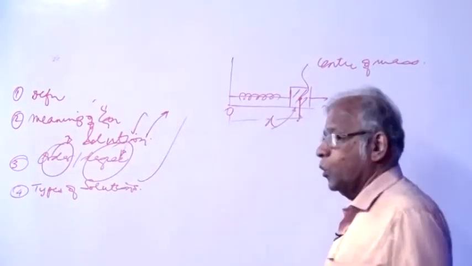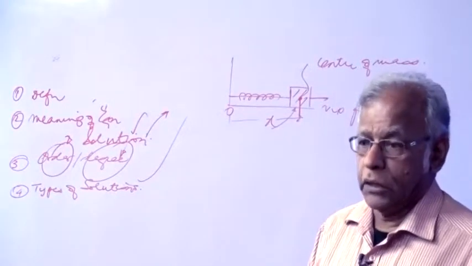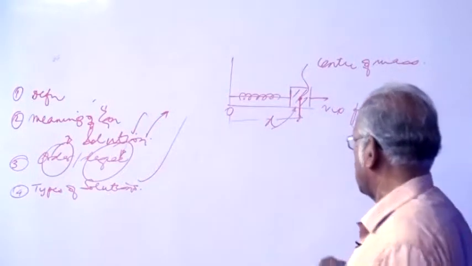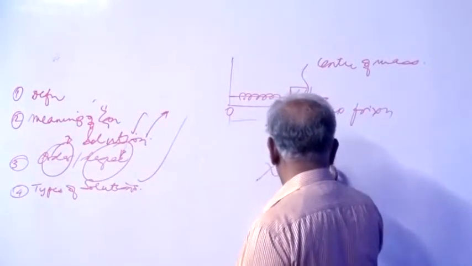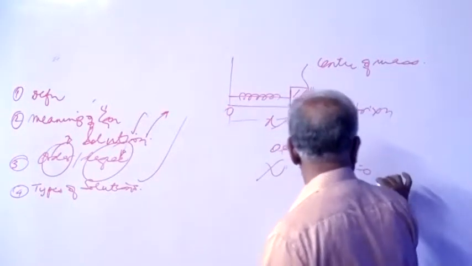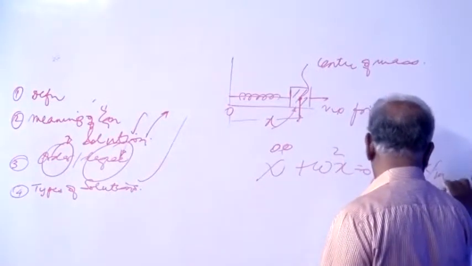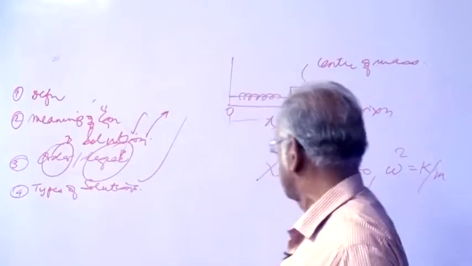Okay. Now, in any standard book on physics, it can be found that the vibrations can be modeled by a simple equation which, using the dot notation, where omega square is k by m. k is the spring constant in appropriate units.